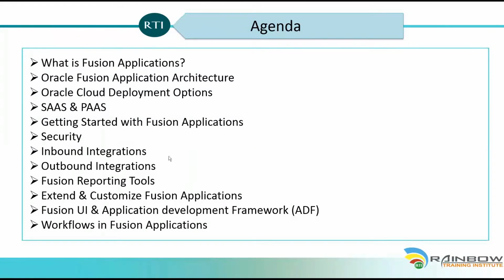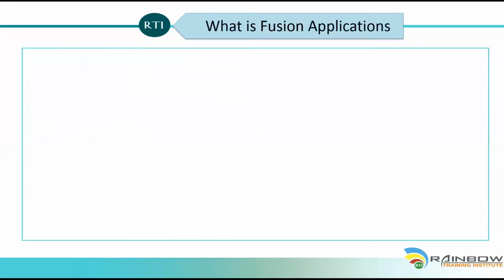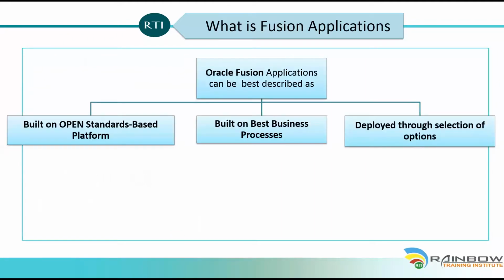Okay, right. So what is Fusion applications today? Why is it so popular? Fusion applications can best be described as built on an open standard based platform. What do we mean by open standard based platform?